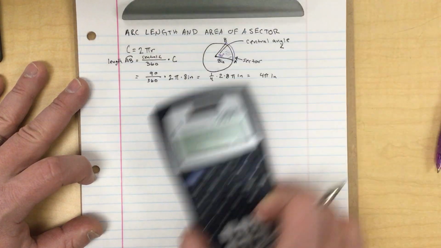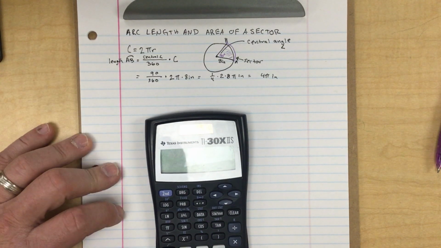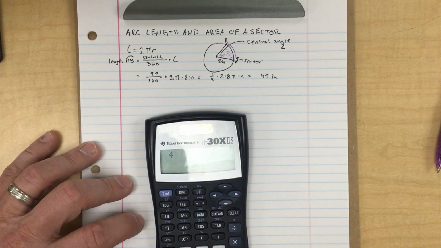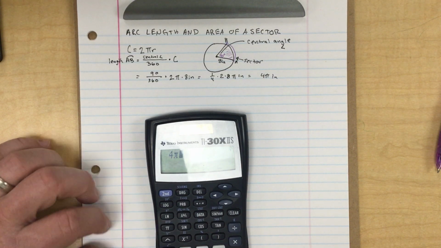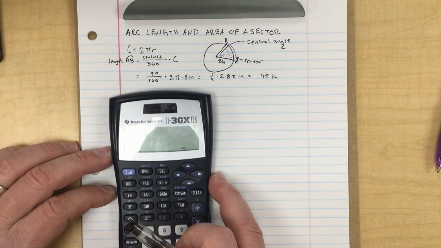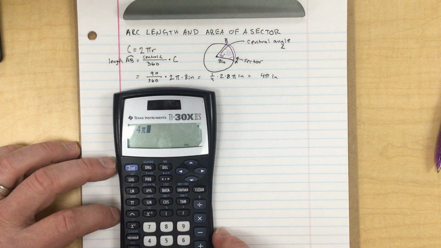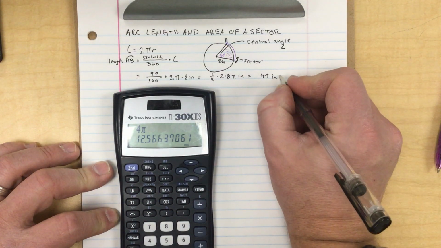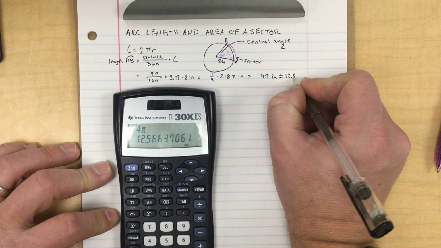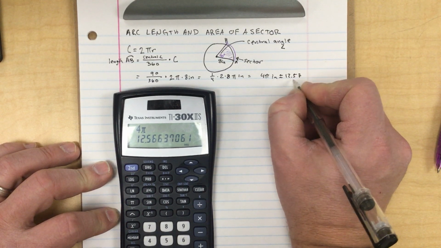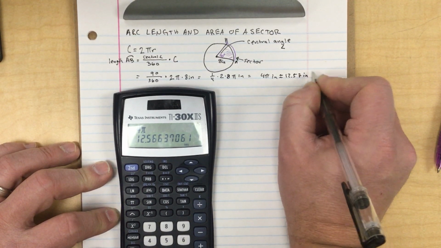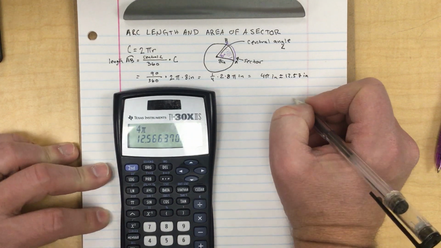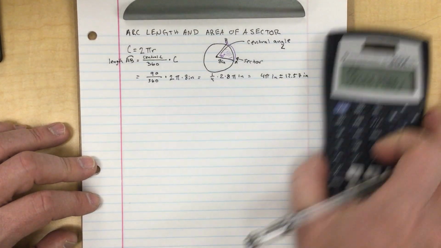Now if you wanted to use an approximation, we can do 4 times pi, and that is approximately 12.57 inches, rounding to the nearest hundredth. Now this is a length, so it's not inches squared, but just inches.